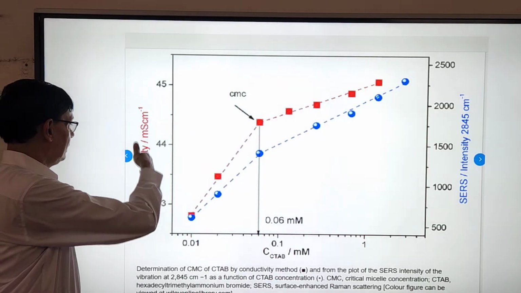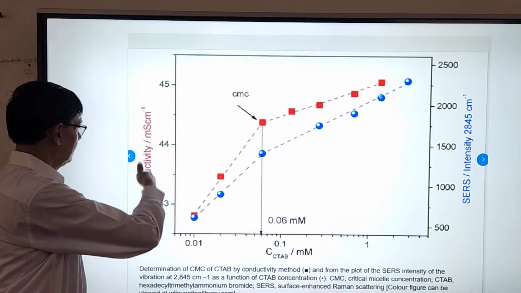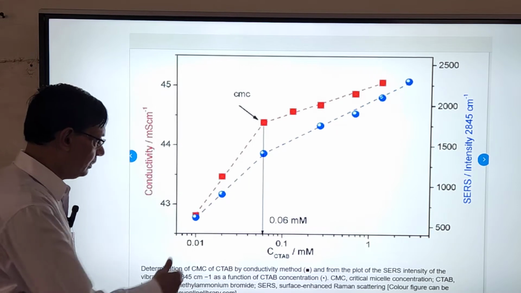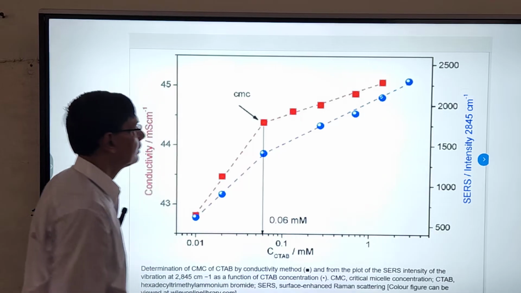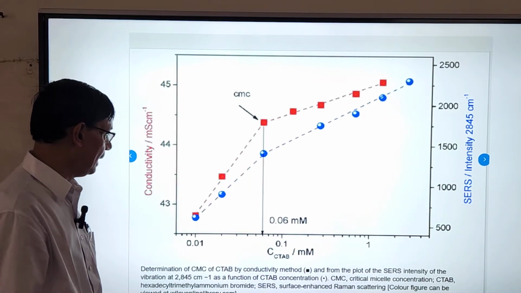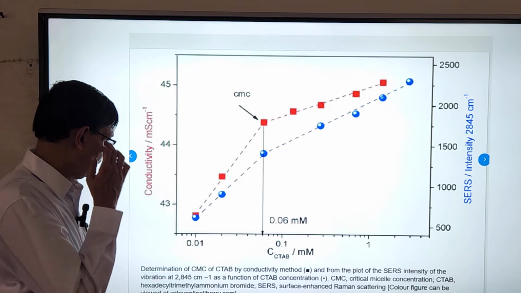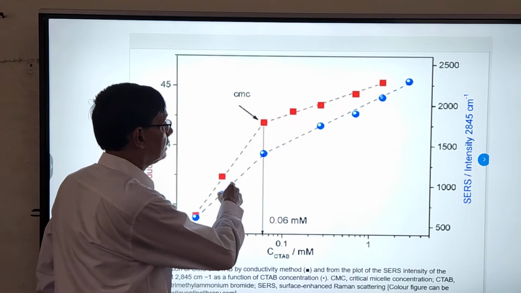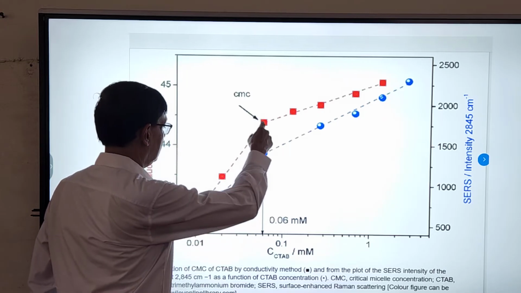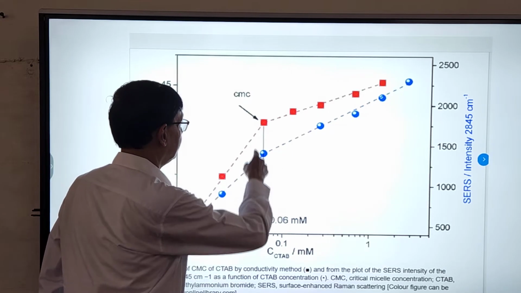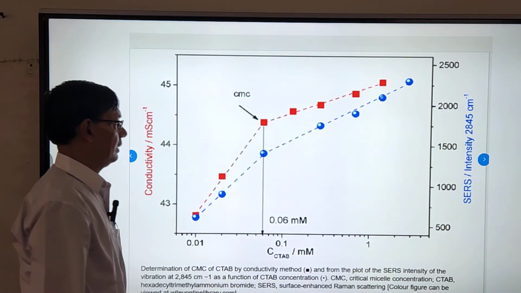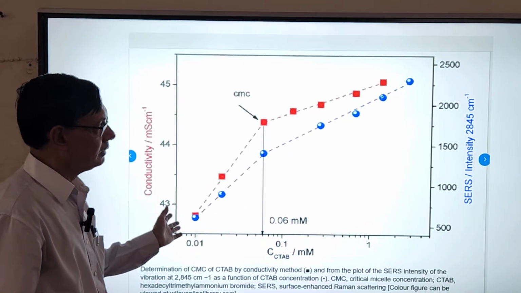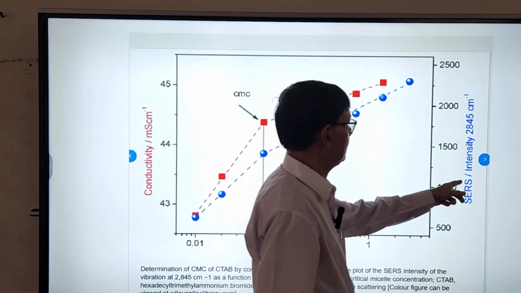Here we are taking the simple observed conductance, in millisiemens, and we change the concentration. As I told you, for CTAB the observed conductance is increasing, and after a certain point this changes. The breakpoint is the same, but what they are doing is using surface enhanced Raman spectroscopy.